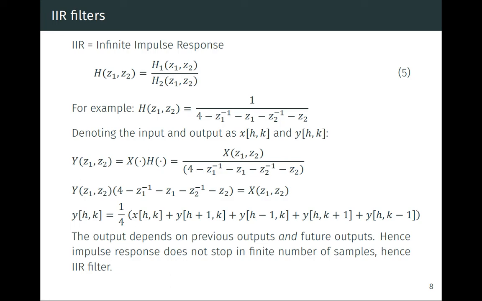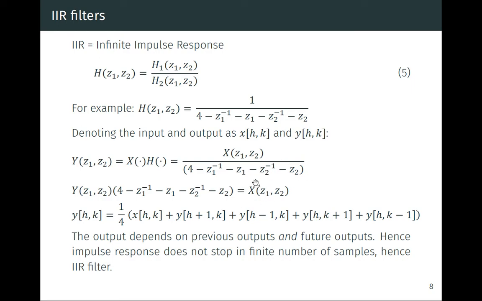For the IIR filters, it's a bit trickier because now you have a ratio of polynomials. So you have h1 divided by h2. And what you do here is kind of the same idea, but the only difference is that you have this denominator, and that's kind of nasty.